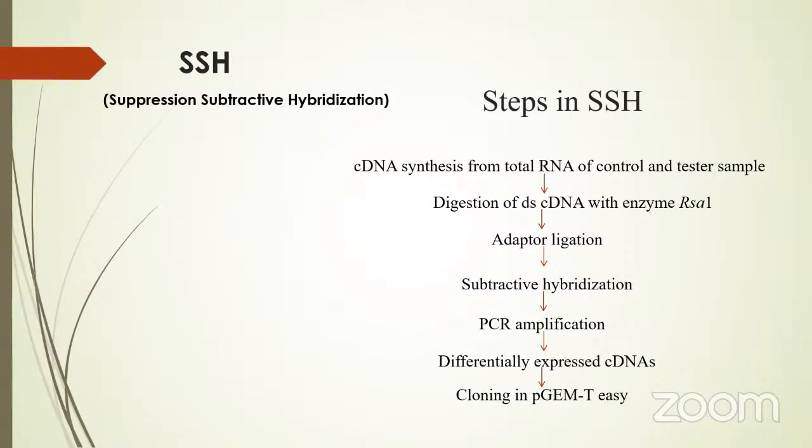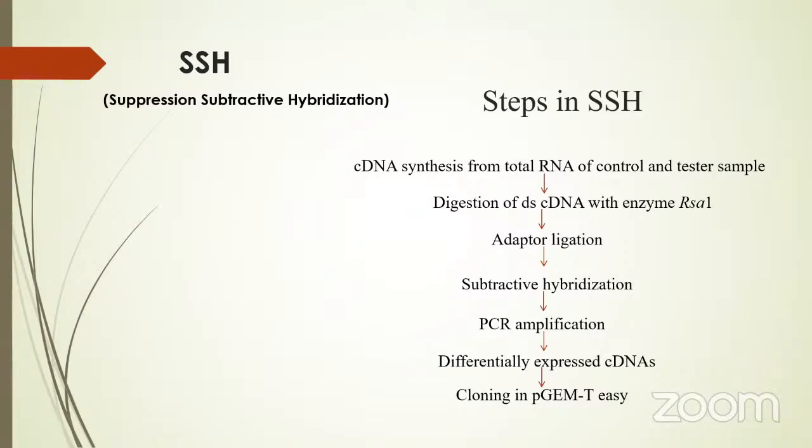Now coming to SSH. SSH is a concept from Diatchenko and colleagues in 1996, almost 30 years back. This is also called comparative PCR. It is an effective method for constructing a subtracted DNA library.